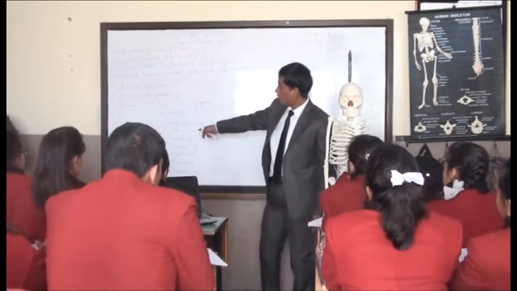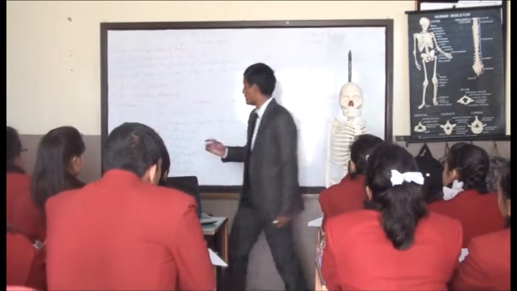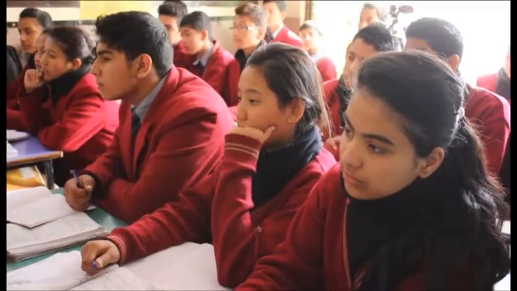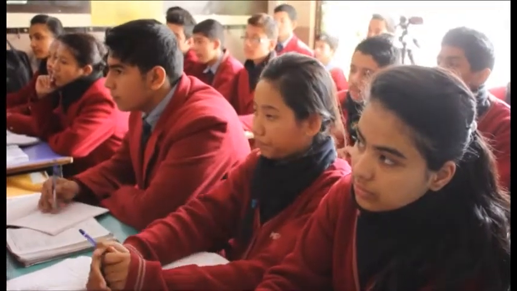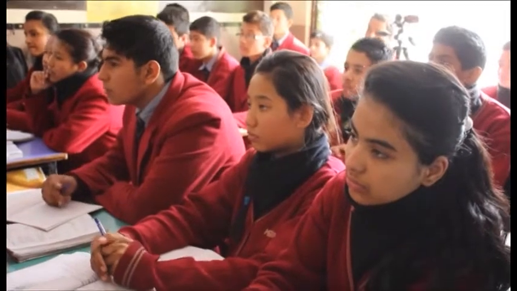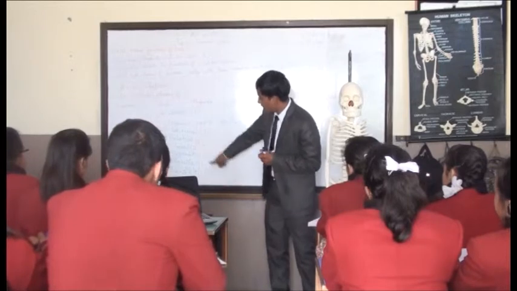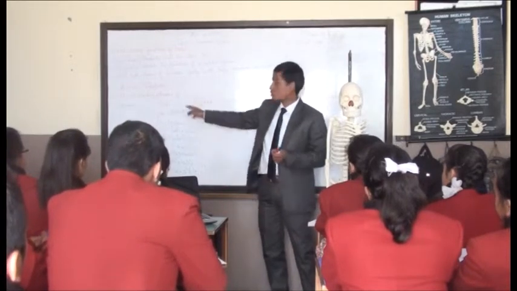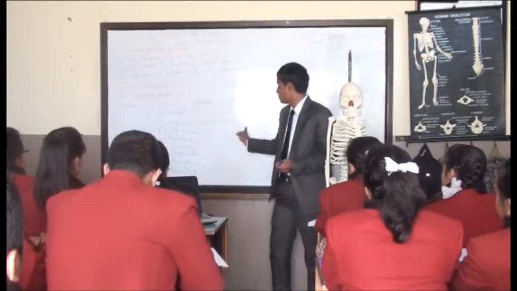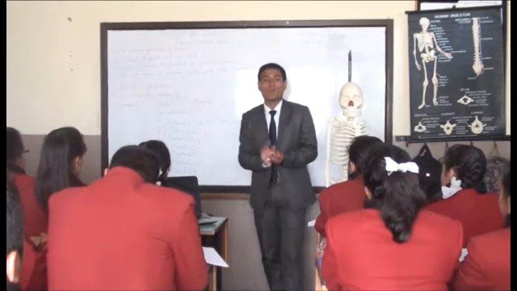And remaining all the bones of face have two bones. Inferior nasal concha, 2 bones. Lacrimal 2, palatine 2, nasal 2, zygomatic 2, maxilla also 2. So, the first and last bones number is 1, remaining all are 2. So, sequence will be very easier for you to remember. 1, 2, 2, 2, 2, 2, 2, and 1.